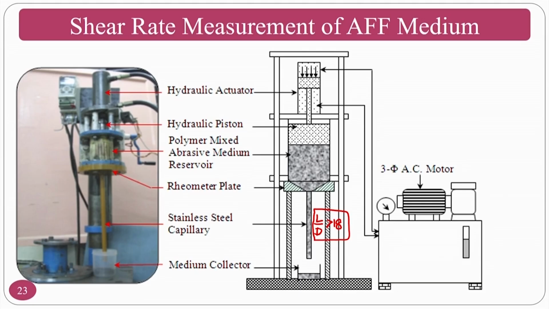Okay. You can study the rheology basics, wherein the capillary rheometer and the parallel plate rheometer and other things will be given. So, we have used the abrasive flow finishing setup itself, because we have to understand what are the shear rates that the abrasive flow finishing process is experiencing.